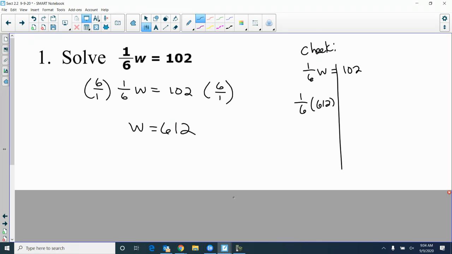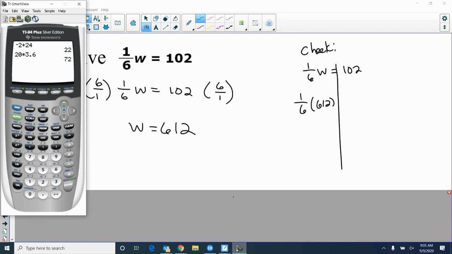In your calculator, a good habit to have when you check these and you have a fraction is to put that fraction in parentheses like this, 1/6, and then you don't even need to hit multiplication. You can just put your 612 right there. Now, on this calculator, I don't have that fraction button. If you have a fraction button, you can make it into a fraction. I can't do that.